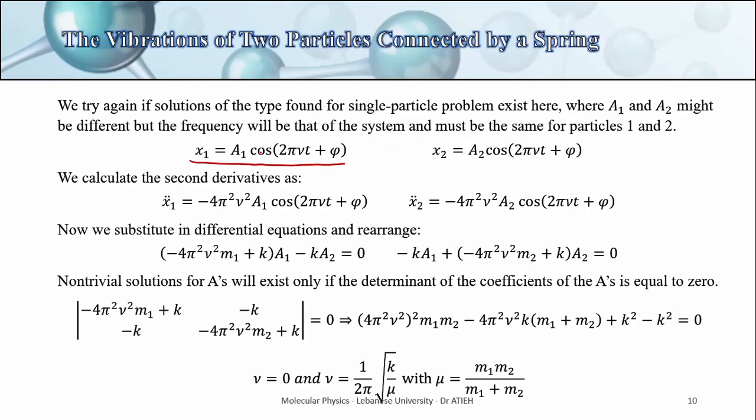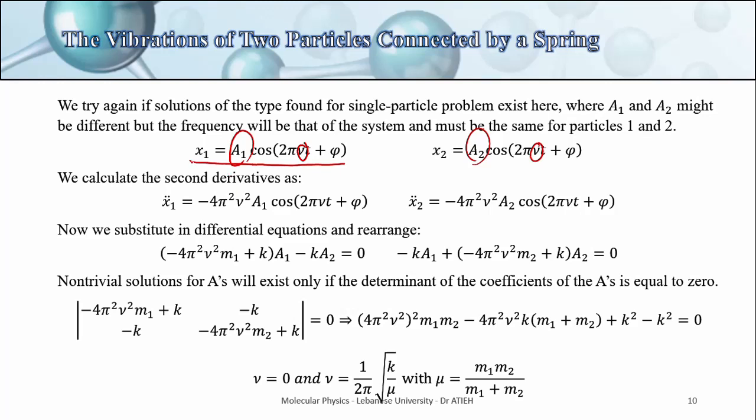It's obvious that we did not put equal values for the amplitudes in x1 and x2 because there's no necessity that the amplitudes are equal, but the frequency in both equations is the same because it's the same spring, it's the same oscillation, so it must be the same frequency.